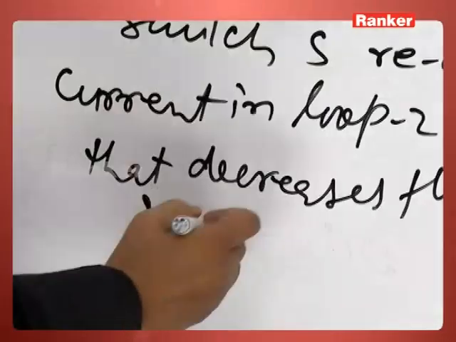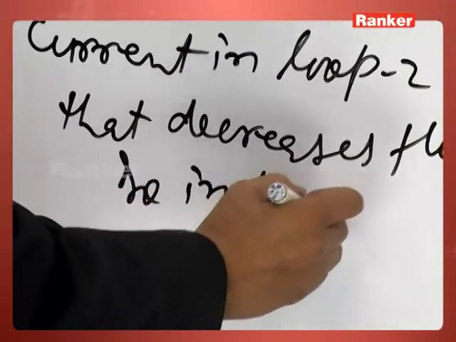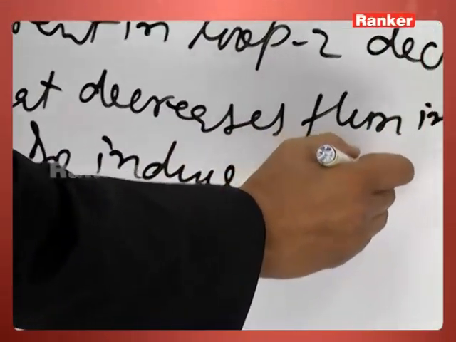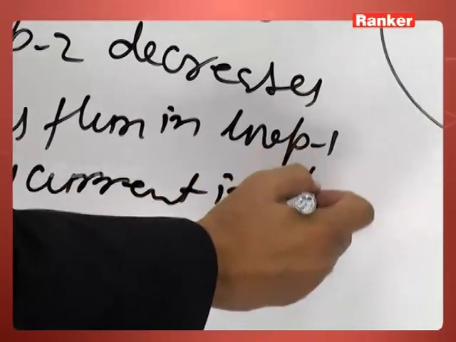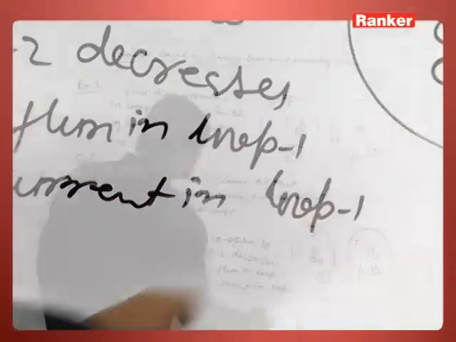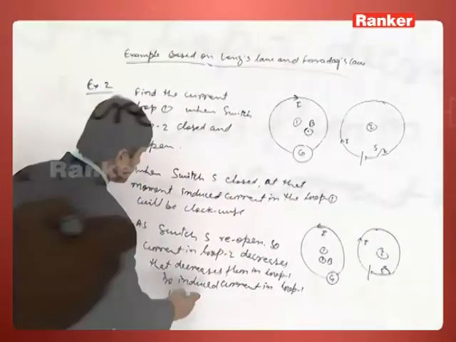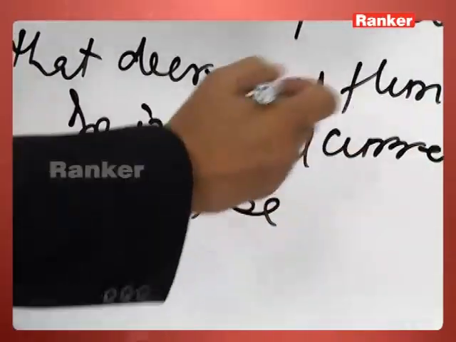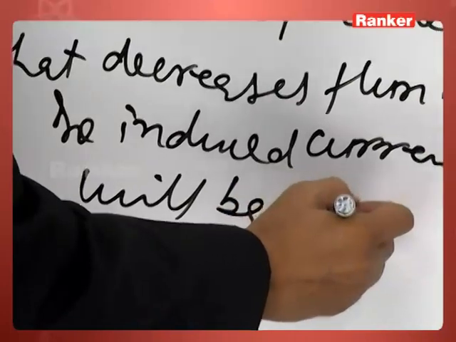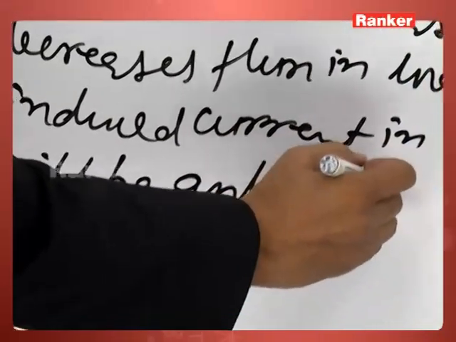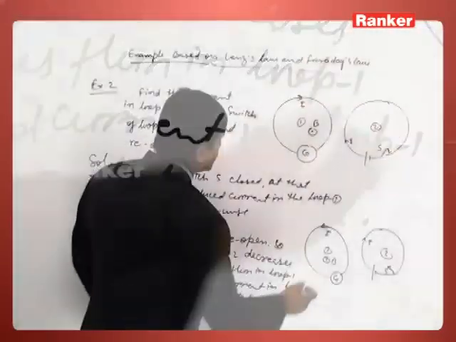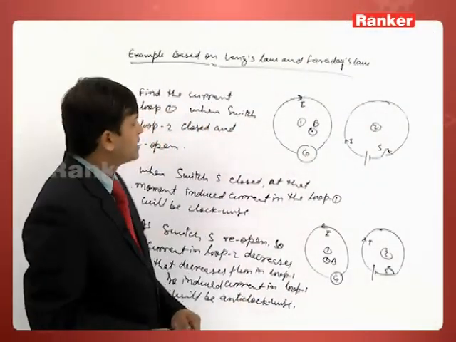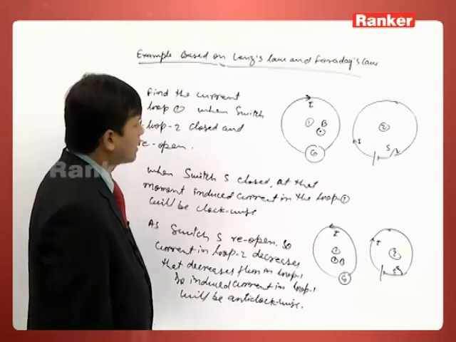So the induced current in loop 1 will be anti-clockwise. So this is another example of Lenz's law.